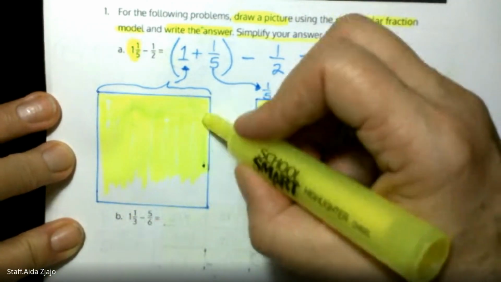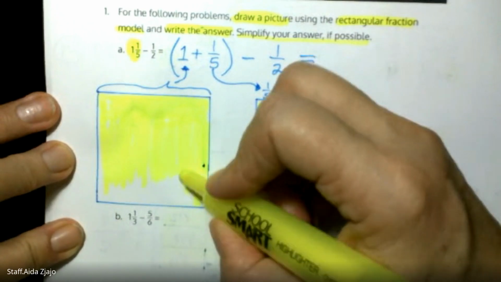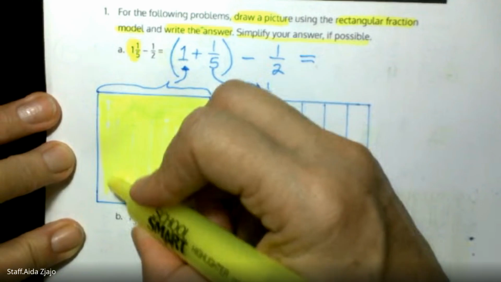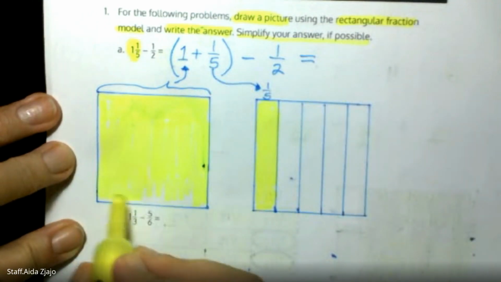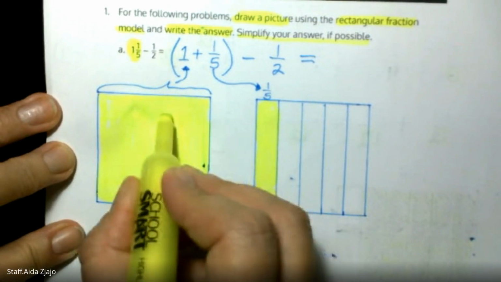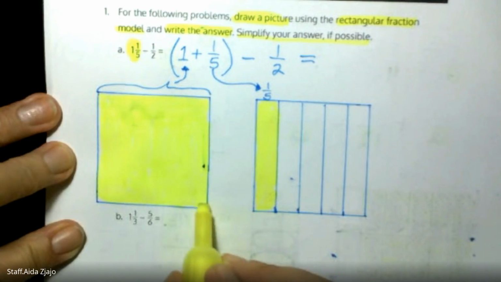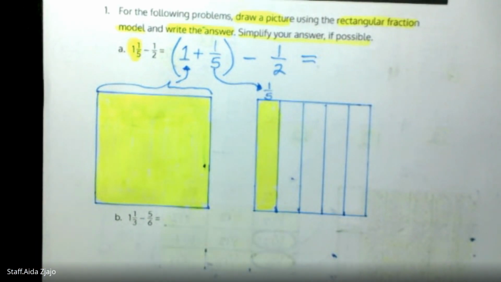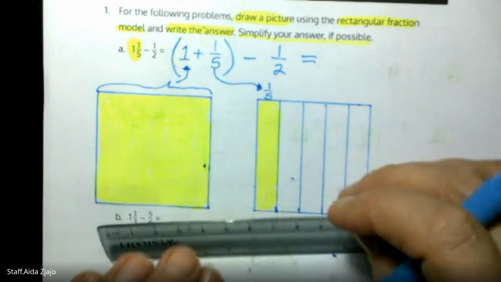So first thing I'm going to do, I'm going to open this chocolate and I'm going to have my fifths. I'm going to see how many fifths I have.